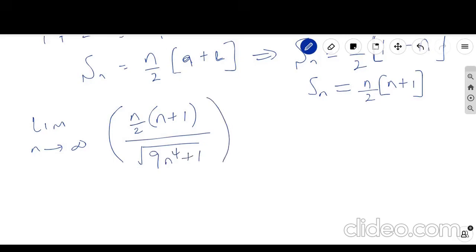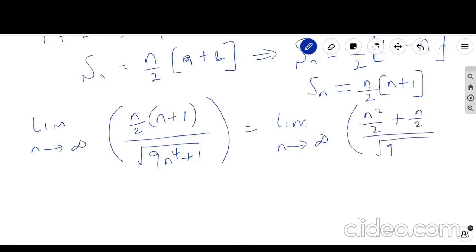I can write this as n squared over 2 plus n over 2, over the square root of 9n raised to power 4 plus 1.